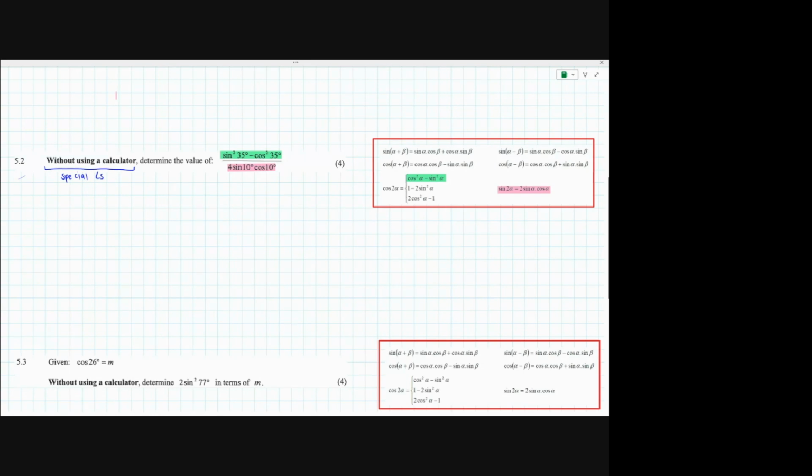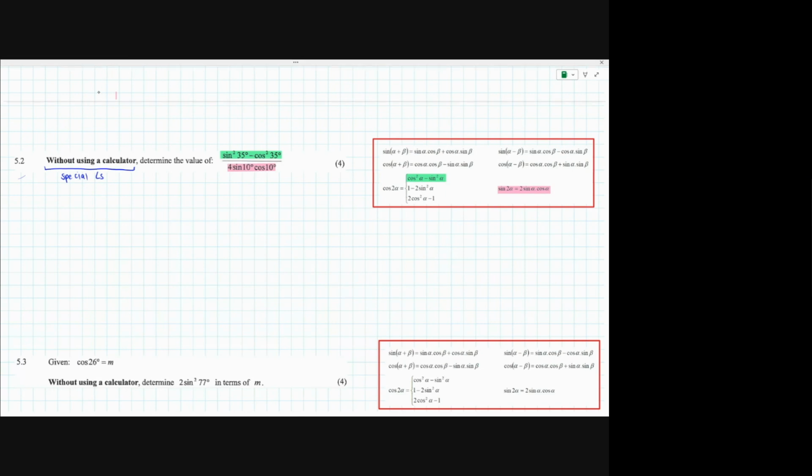In my denominator, when I eventually simplify that sine double angle situation, double 10 is 20. 70 and 20 are co-ratios. For a co-ratio, the angles must add up to 90. 70 plus 20 is 90. So immediately I'm starting to think 3 steps ahead of where I am so that I know I'm on the right track.